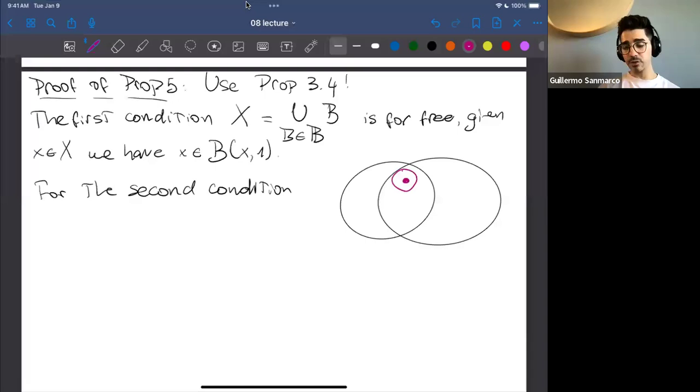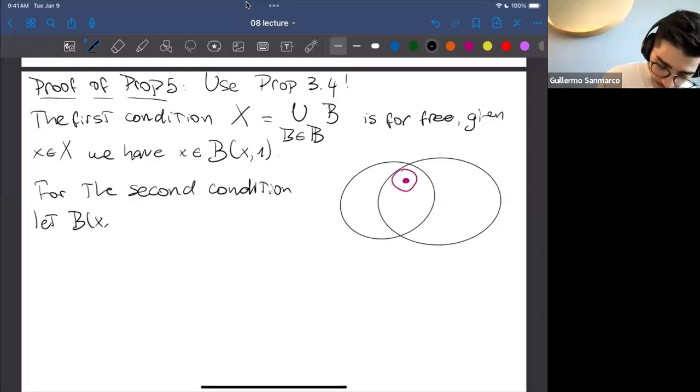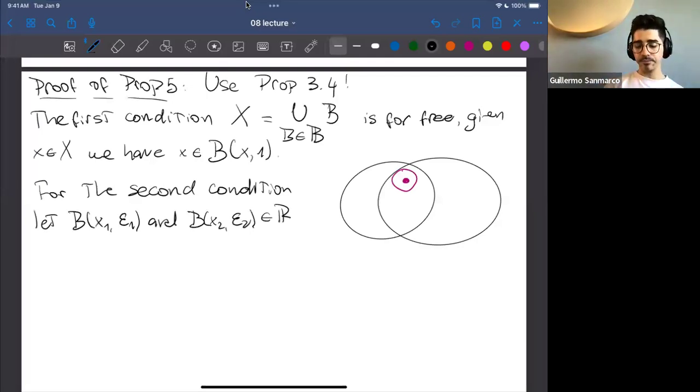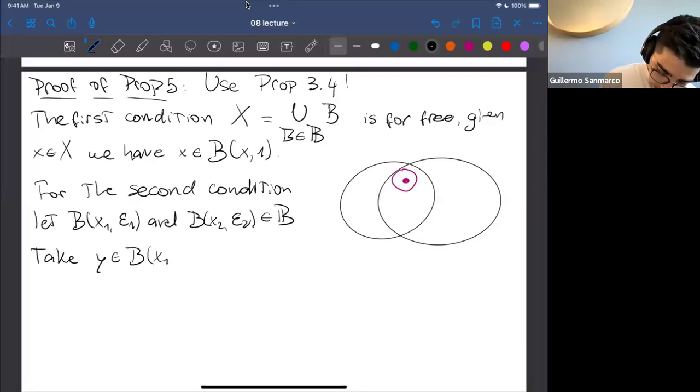So I'm just going to use my lemma. Let's take two basic sets, B(x1, epsilon 1) and B(x2, epsilon 2) in my B. And now I need to take an arbitrary element y in the intersection B(x1, epsilon 1) intersection B(x2, epsilon 2).